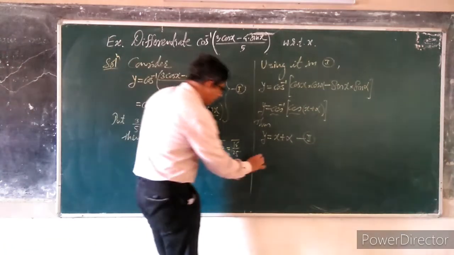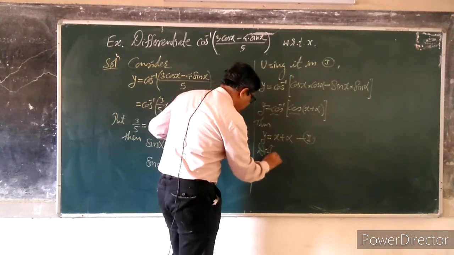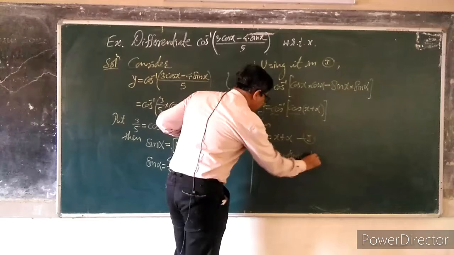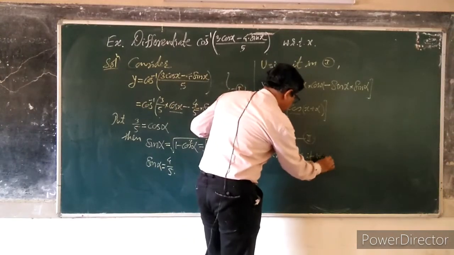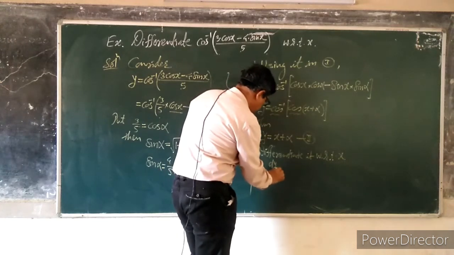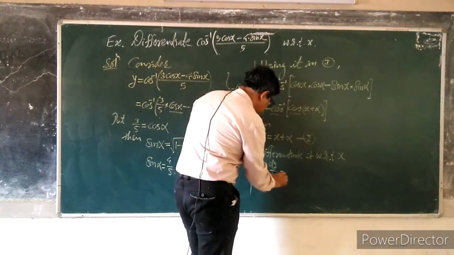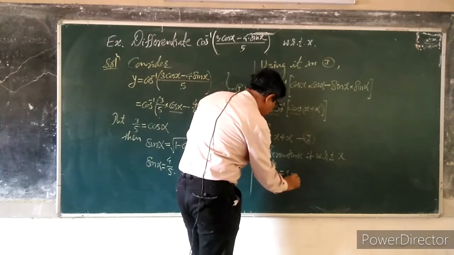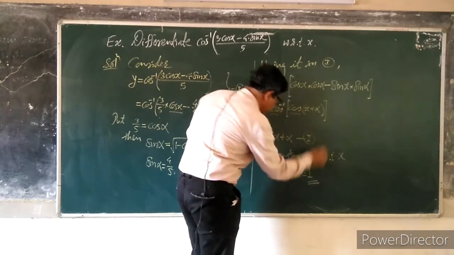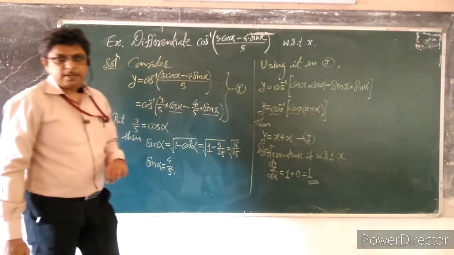So differentiate it directly. dy by dx is equal to derivative of x is 1 plus derivative of alpha is 0, which is equal to 1. And this is the answer. That's it.